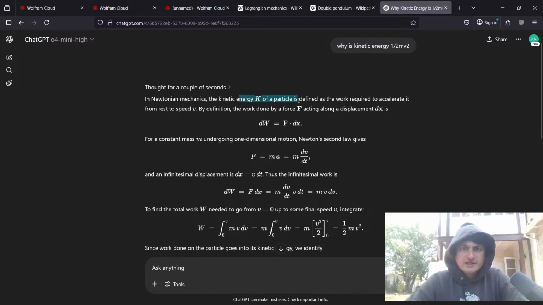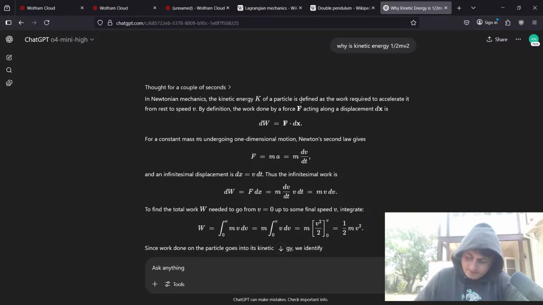In Newtonian mechanics, the kinetic energy K of a particle is defined as the work required to accelerate it from rest to speed v. Okay, so that's always the thing, remember the definition of kinetic energy.